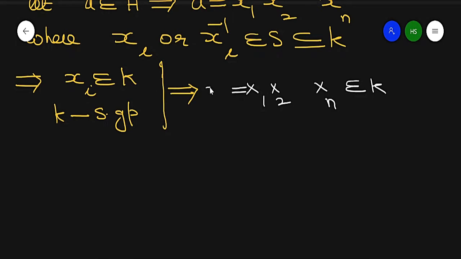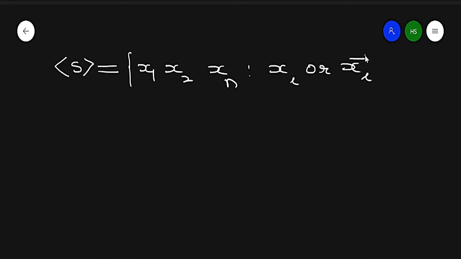So what is its value? This value is a. So it means H is part of K. So what we get is that the element of H, the subgroup generated by S, is a finite product of elements of S. Any element is of this kind, x1, x2, ..., xn, such that each xi or xi inverse belongs to S. So remember this result.